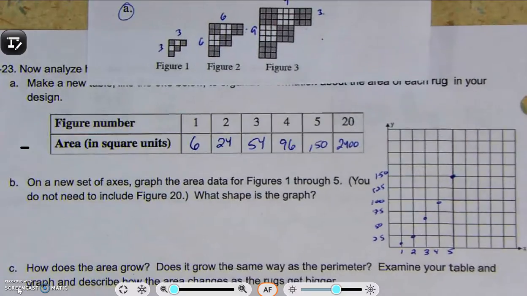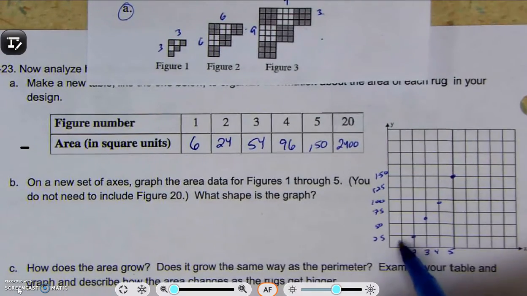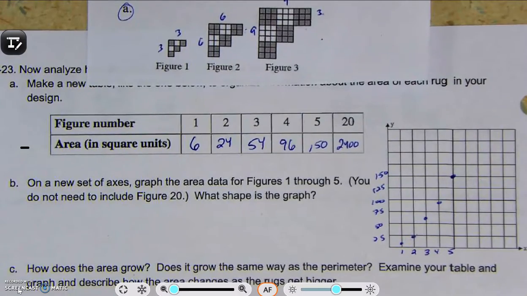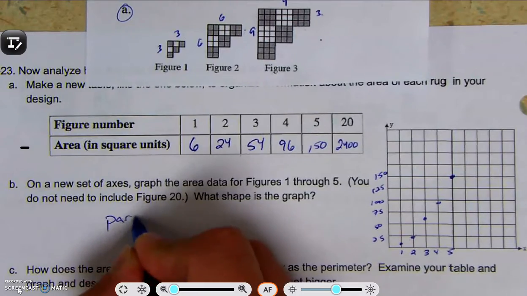So we can see that it actually isn't going to be in the shape of a line. It actually is going to be a curve. We know from Algebra 1 that that curve is going to be in the shape of a parabola, or half a parabola in this case. So what shape is the graph? We can say that this graph is in the shape of a parabola, or parabolic.